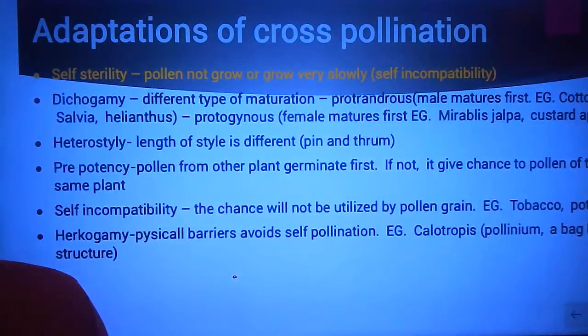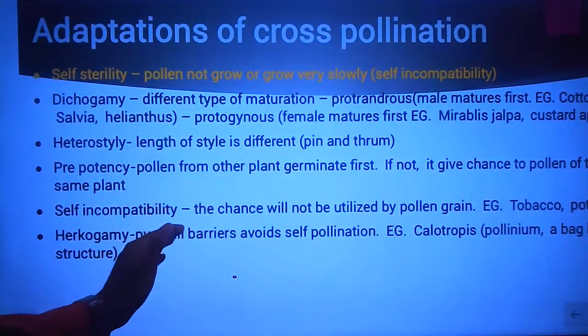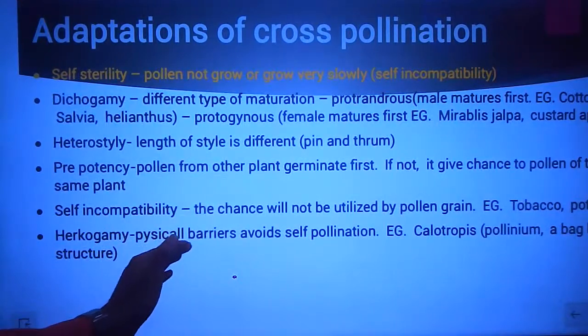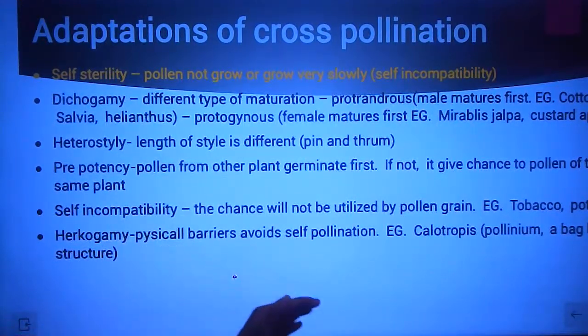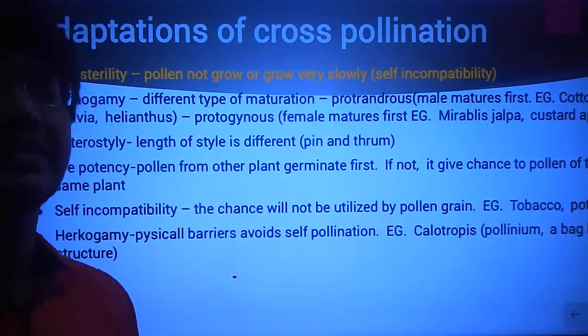Coming to cross-pollination: we're done with the first part, that is self-pollination, now let's move on to cross-pollination. Does geitonogamy come under cross-pollination? Geitonogamy is part of self-pollination itself. There are certain exceptions.